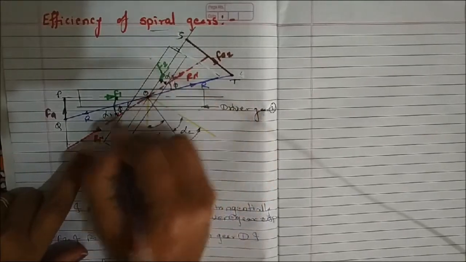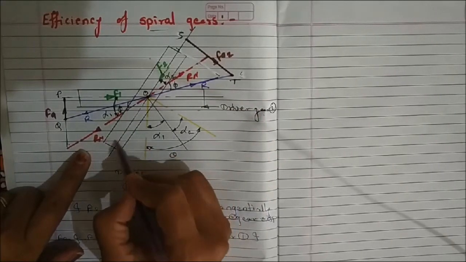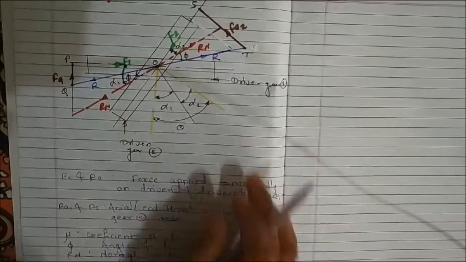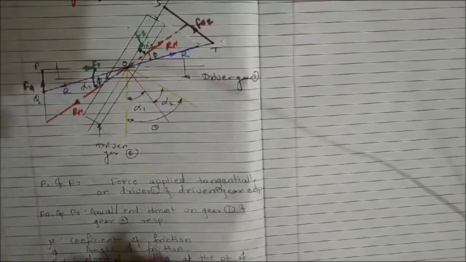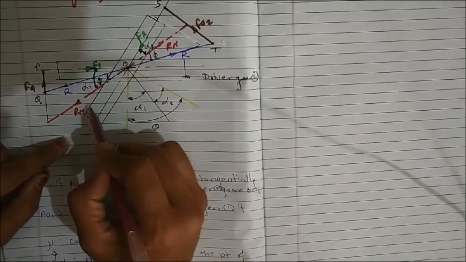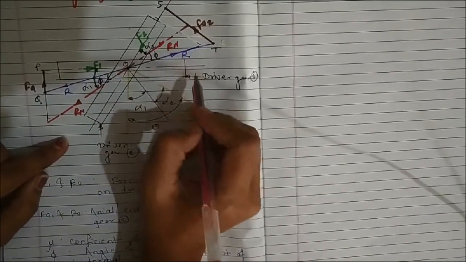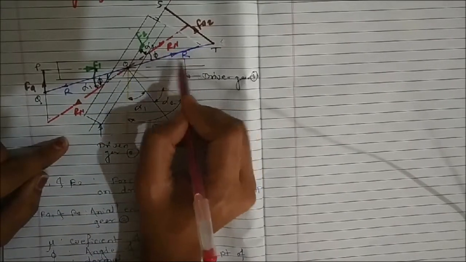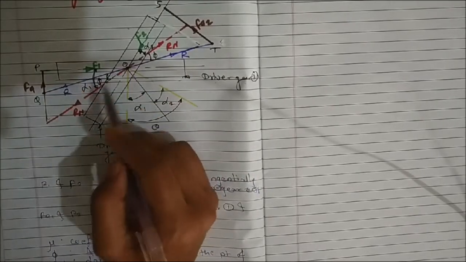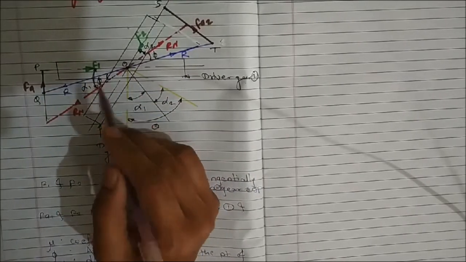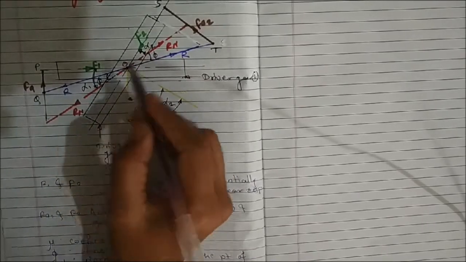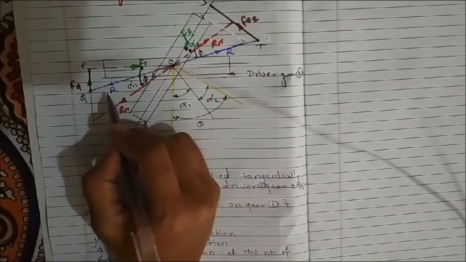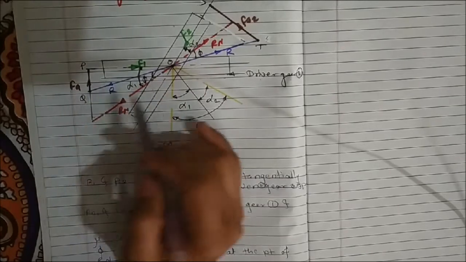This red line represents Rn, where Rn is the normal reaction at the point of contact. When two gears are in mesh, there is a normal reaction by the driver to the driven, and an equal and opposite reaction by the driven to the driver. That is represented by Rn. Now here we have R, which is represented by the blue line.